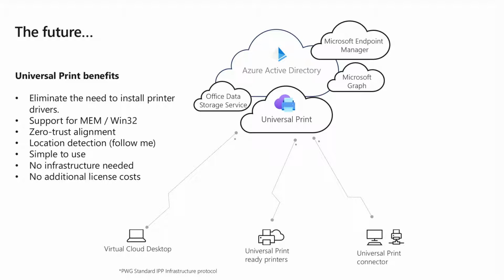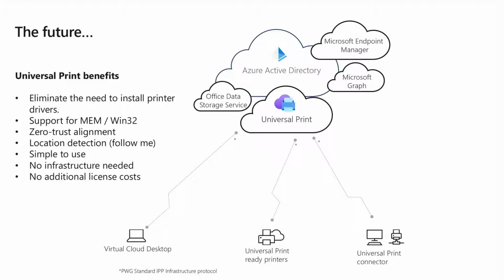Another great thing is that Universal Print is completely supported with Microsoft Endpoint Manager. Microsoft Endpoint Manager is a service which you can use to publish printers to your endpoints, to your Windows 10 virtual desktops and also physical desktops. So a very unified management experience. As you can see on the right side, everything runs in the cloud, and all your print jobs are spooled in the cloud to the Office Data Storage Service, the cloud service that you also use for, for example, your Office data and your OneDrive data.